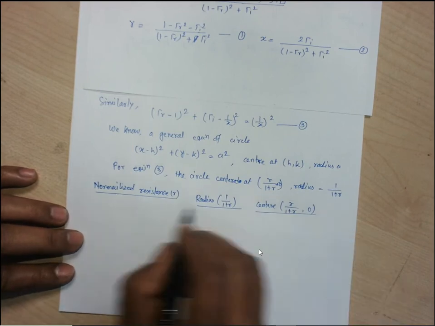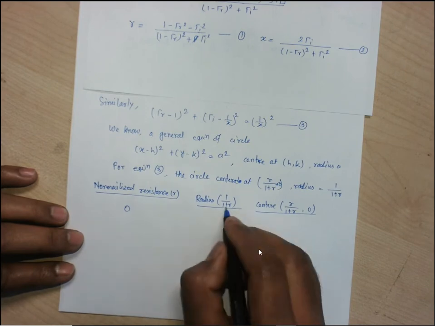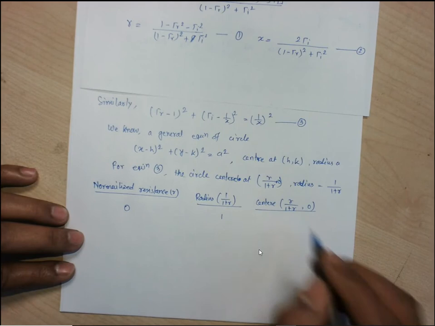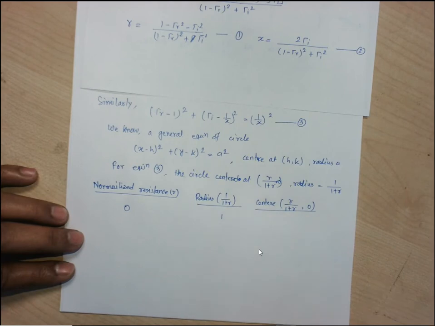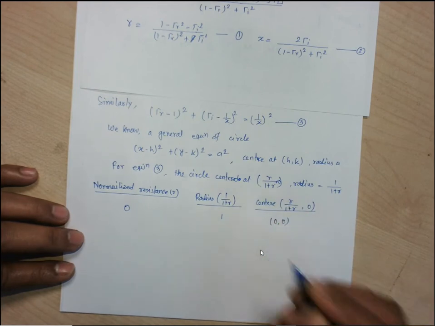So let us first put normalized resistance r equal to 0. Then the radius becomes 1 and it is centered at 0 by 1, which is 0 comma 0.